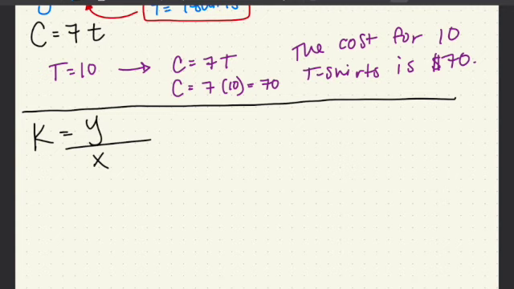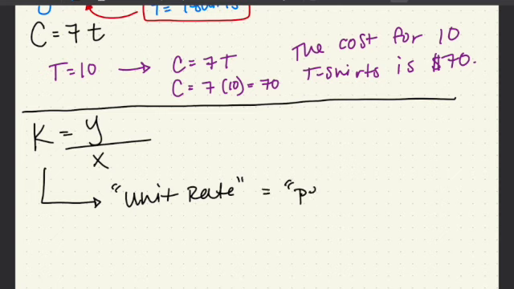You will see words in problems that say unit rate, and unit rate is saying the amount of something per one of something else. When it says find the unit rate, it's saying find k.